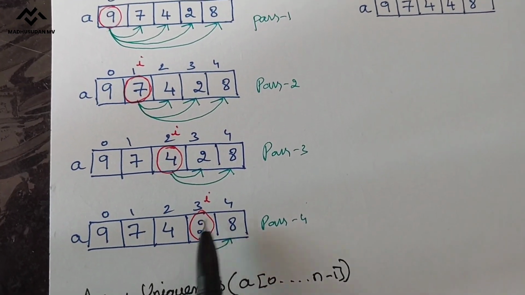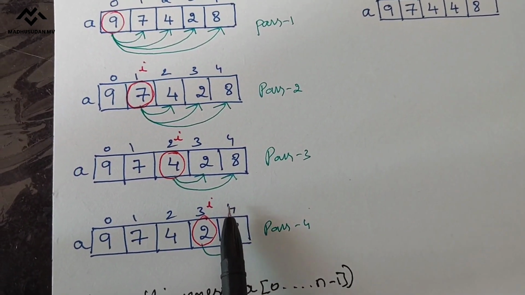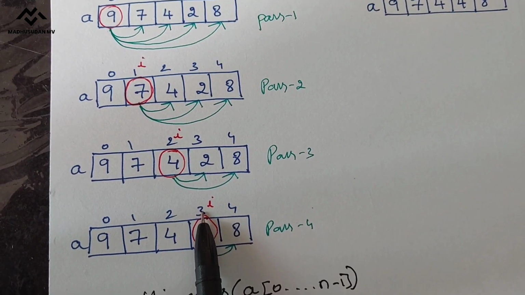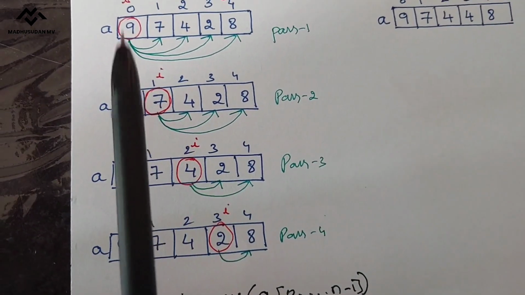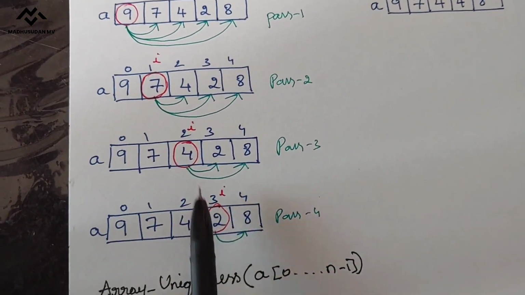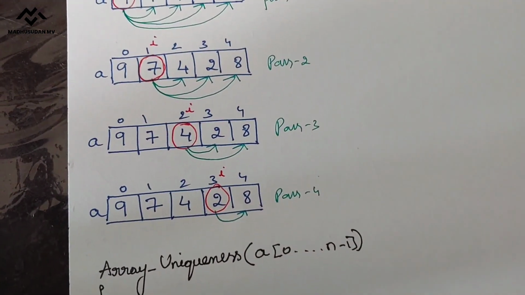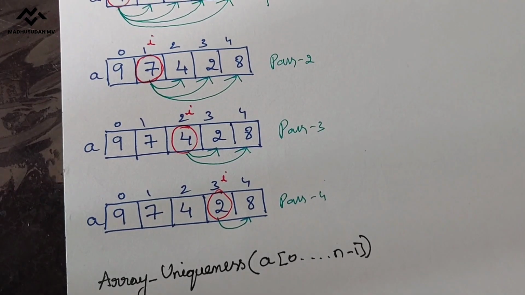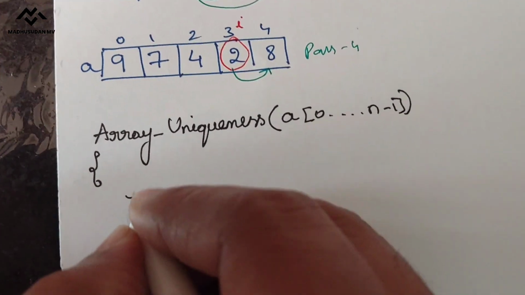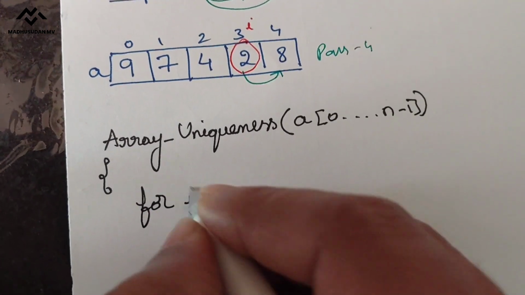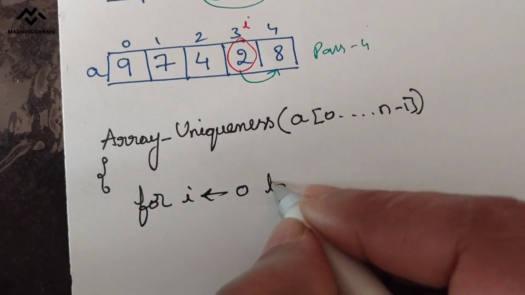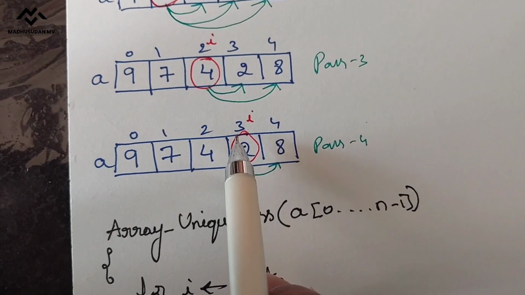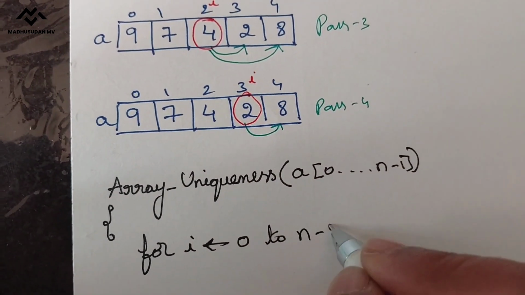The last position is n minus 1, so the last but one position is n minus 2. So I am using a for loop: for I is equal to 0, up to n minus 2.